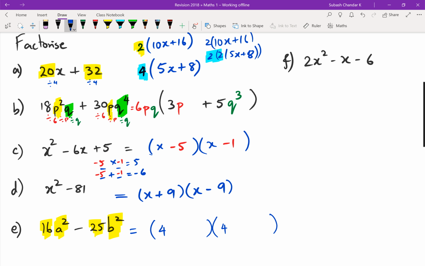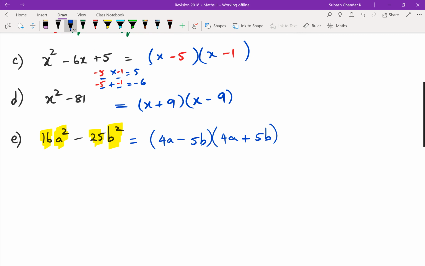The square root of a squared is a and a. The square root of 25 is 5 on one bracket and 5 on the other bracket. And the square root of b squared is just b and b. And then don't forget, one of them will be minus and the other one will be plus. Okay, so the final answer you should get is 4a minus 5b and 4a plus 5b.